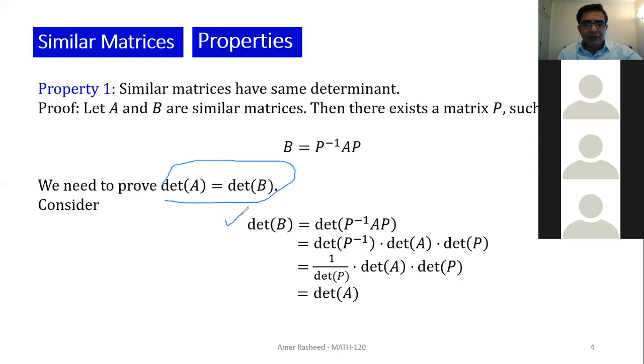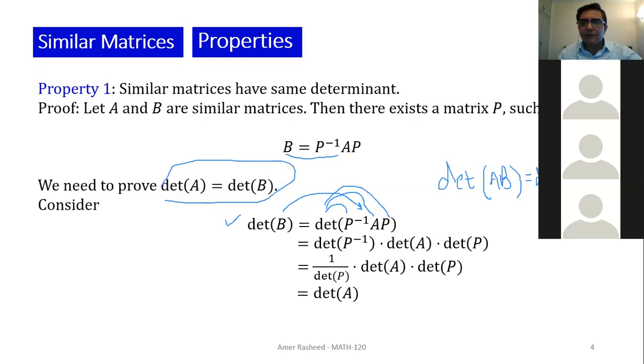We consider determinant of B. We put the value of B, P inverse A P. Now, using the property of the determinant, we can take the determinant of each factor, because determinant of A times B is equal to determinant of A times determinant of B. This property we are going to use here.